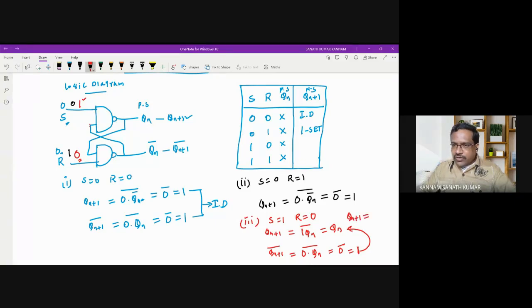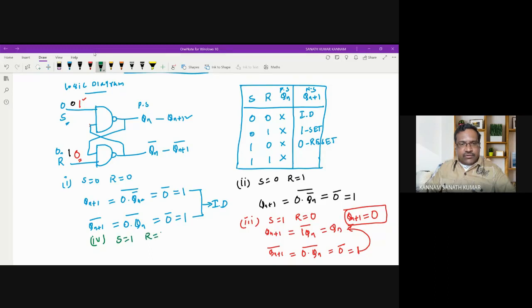Here you got 1, so this is 0. So when S equal to 1 and R equal to 0, Qn plus 1 equal to 0. So what is this one? Reset state.